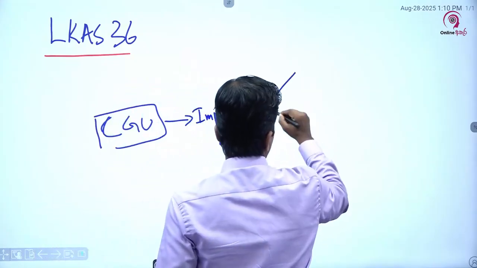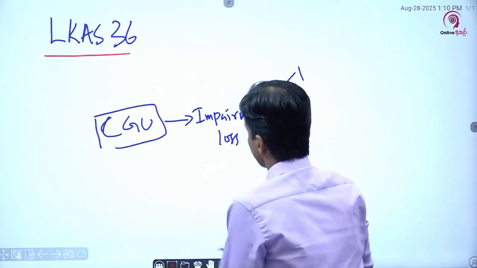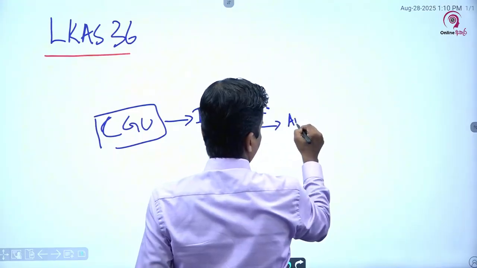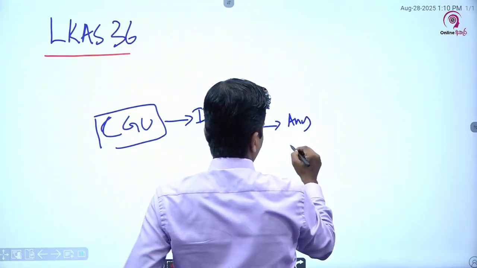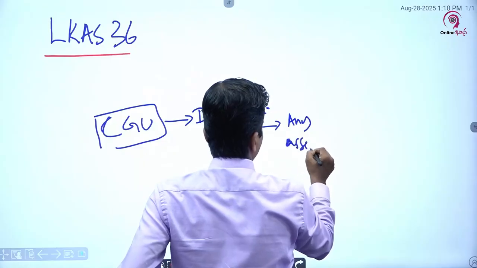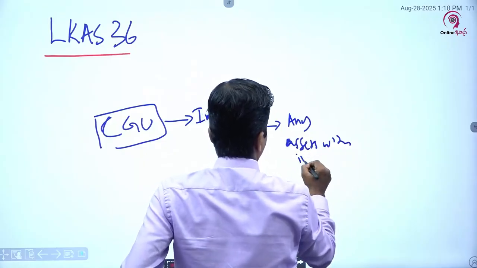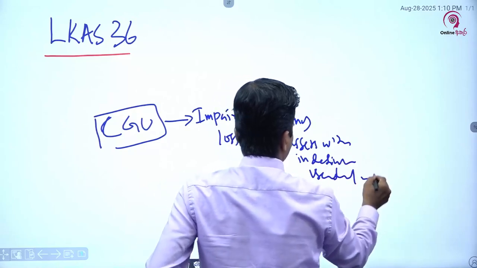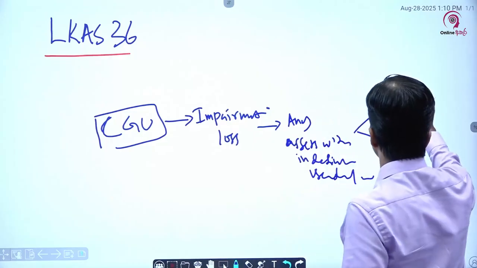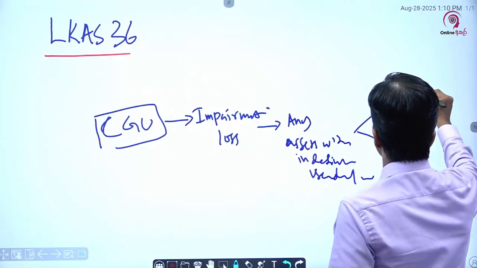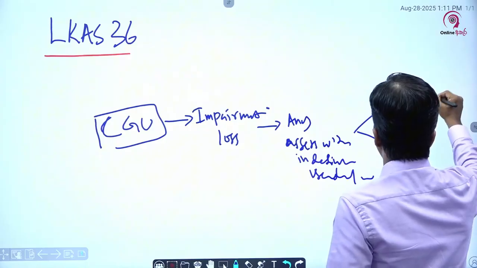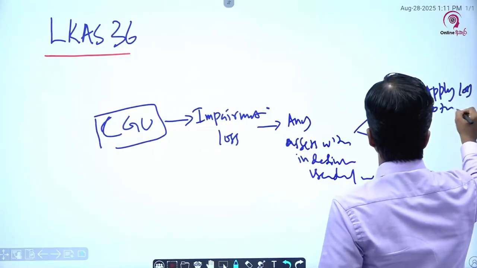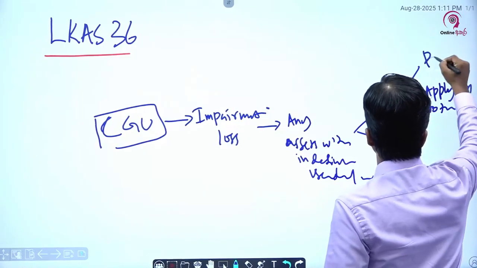Ask the first question: are there any assets with indefinite useful life? The answer would be yes or no. If yes, first apply the loss to that one. And if any remains, apply it proportionately.